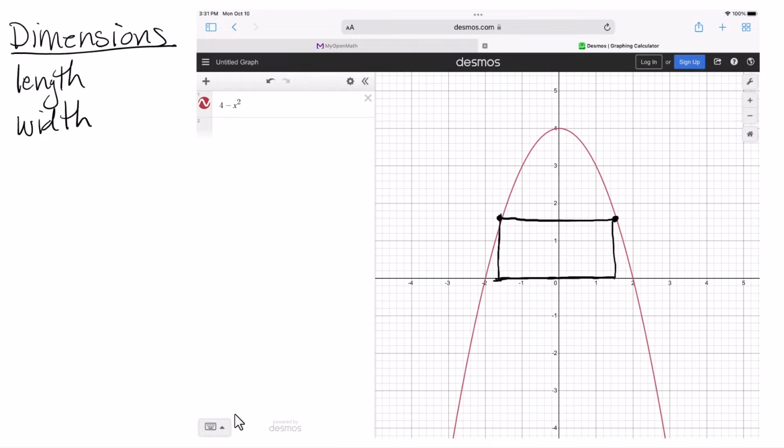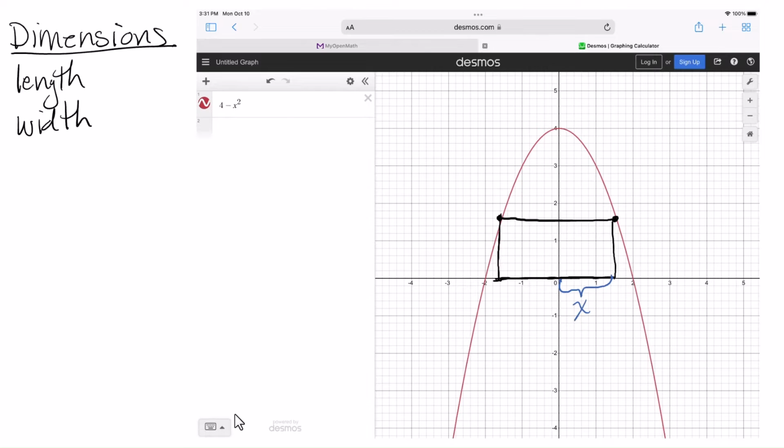That is terrible. Let me erase that and do a better one. I vote that we make half of the length be x.